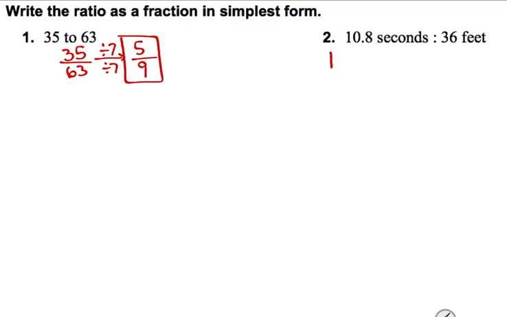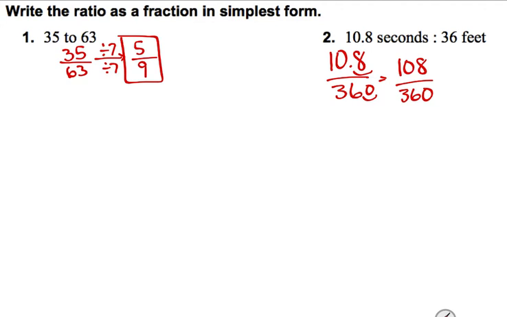Okay, next, 10.8 seconds compared to 36 feet. If you're reducing a number that has a decimal in it, it's a complex fraction, a fraction with decimals in it, so you need to first get rid of the decimal. We can do that by moving the decimal on top and on bottom, giving us 108 over 360.